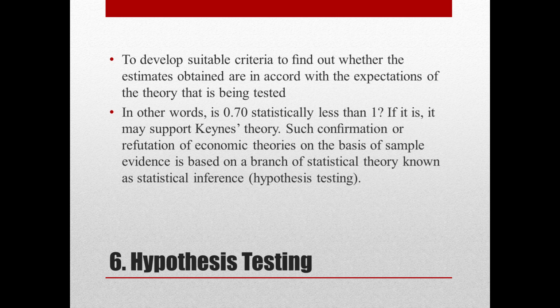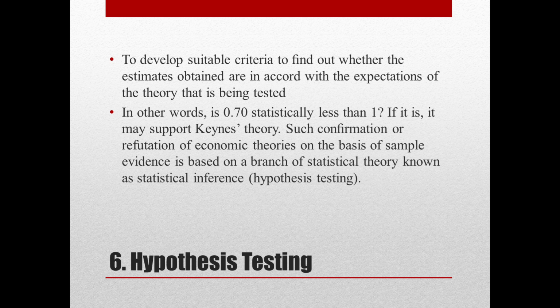But before we accept this finding as confirmation of Keynes' consumption theory, we must inquire whether this estimate is sufficiently below unity to convince us that this is not a chance occurrence. In other words, is 0.70 statistically less than 1? If it is, it may support Keynes' theory, right?